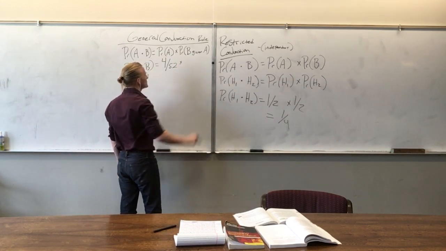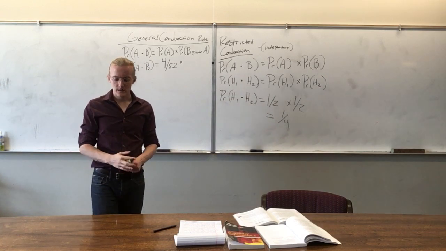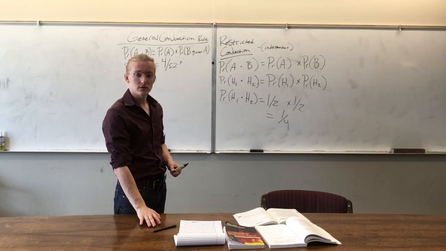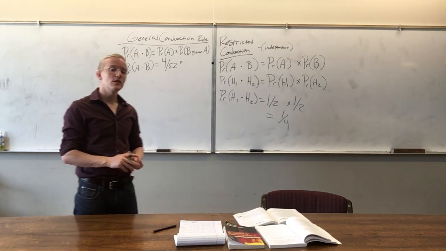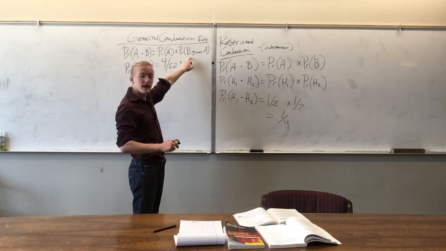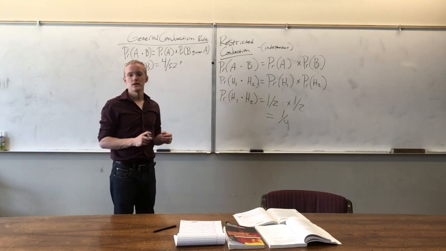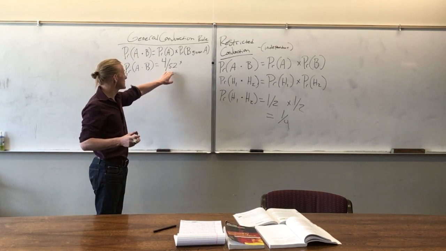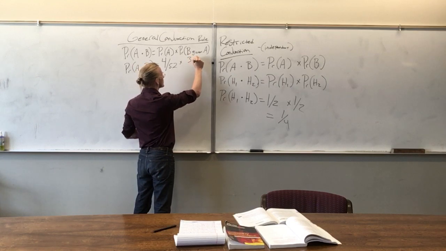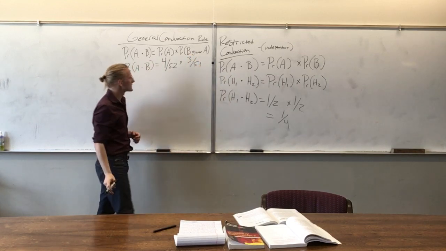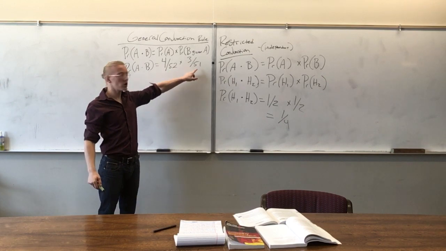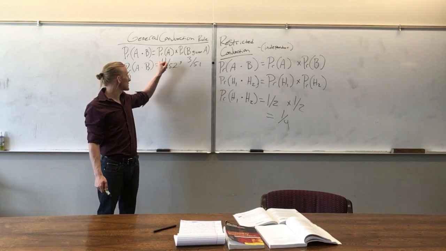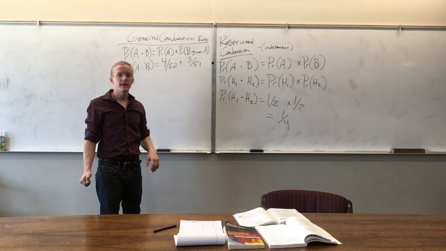But as soon as we've drawn that jack, the amount of cards reduces from 52 to 51, and the amount of jacks in the deck reduces from 4 to 3. So to draw a jack from that new set would change what our probability is. The probability of B given A, given that this has occurred, is 3/51. That's because as soon as A has occurred, there's only 51 cards left in the deck, and only 3 of those, because one of them was pulled, is a jack.